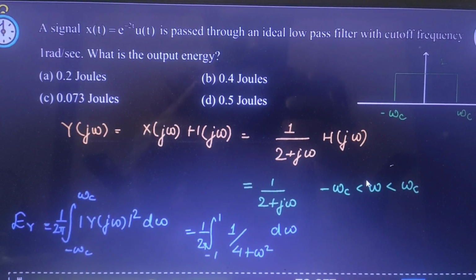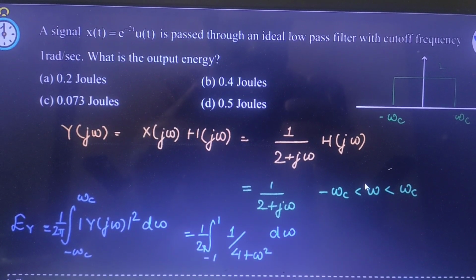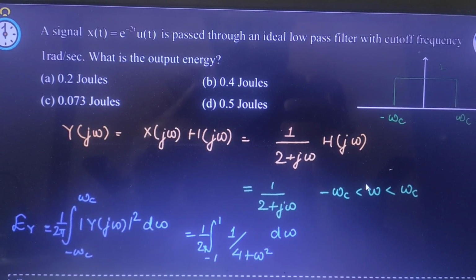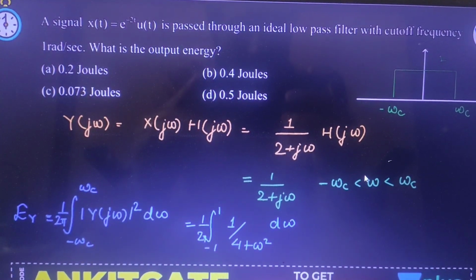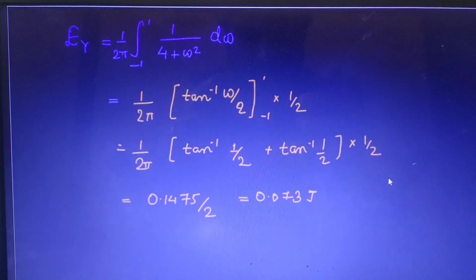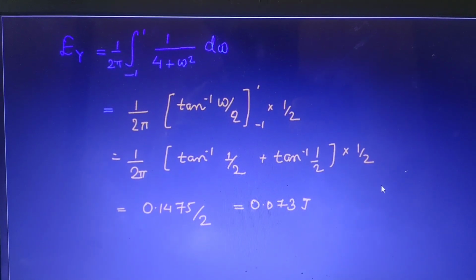By writing the following equation, you will get 1 by 2 pi integration from minus 1 to 1 of 1 by 4 plus omega square. Now you can write Ey is equal to 1 by 2 pi integration from minus 1 to 1 of 1 by 4 plus omega square.